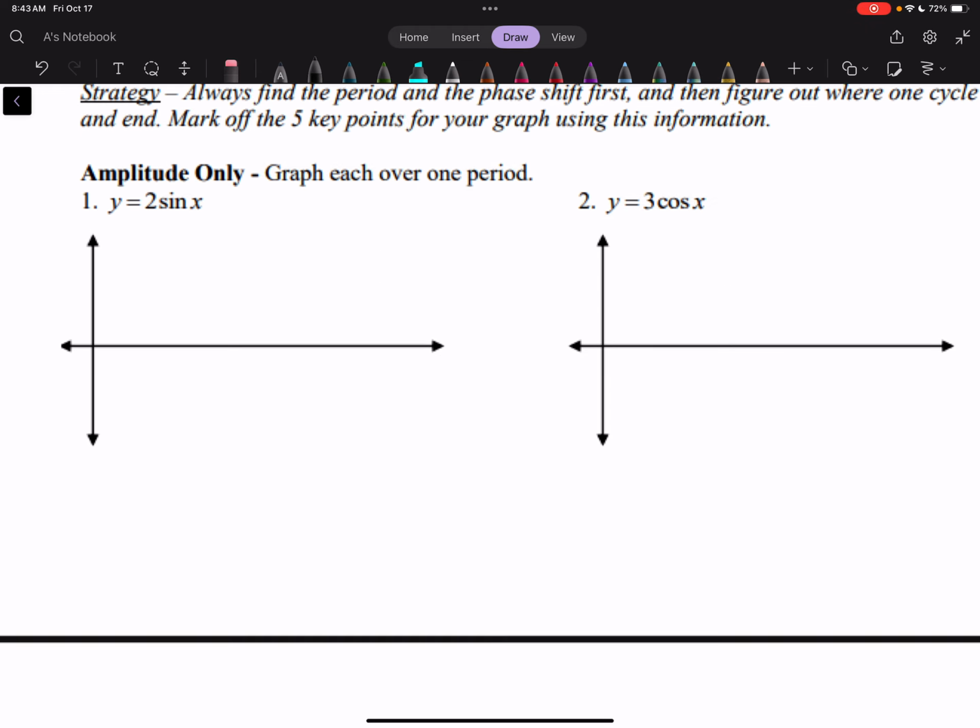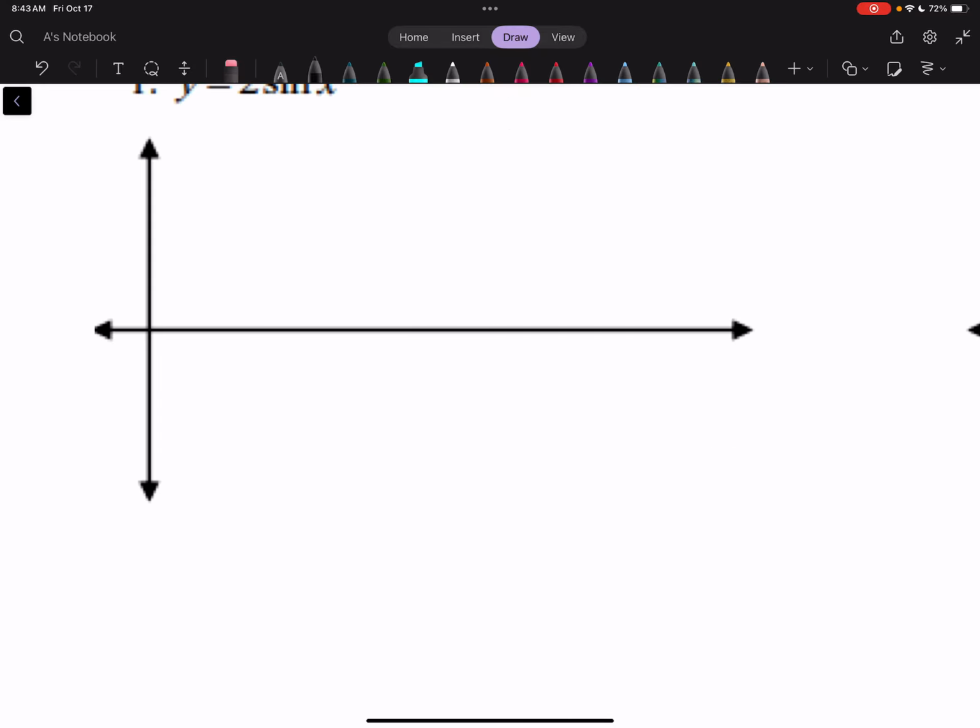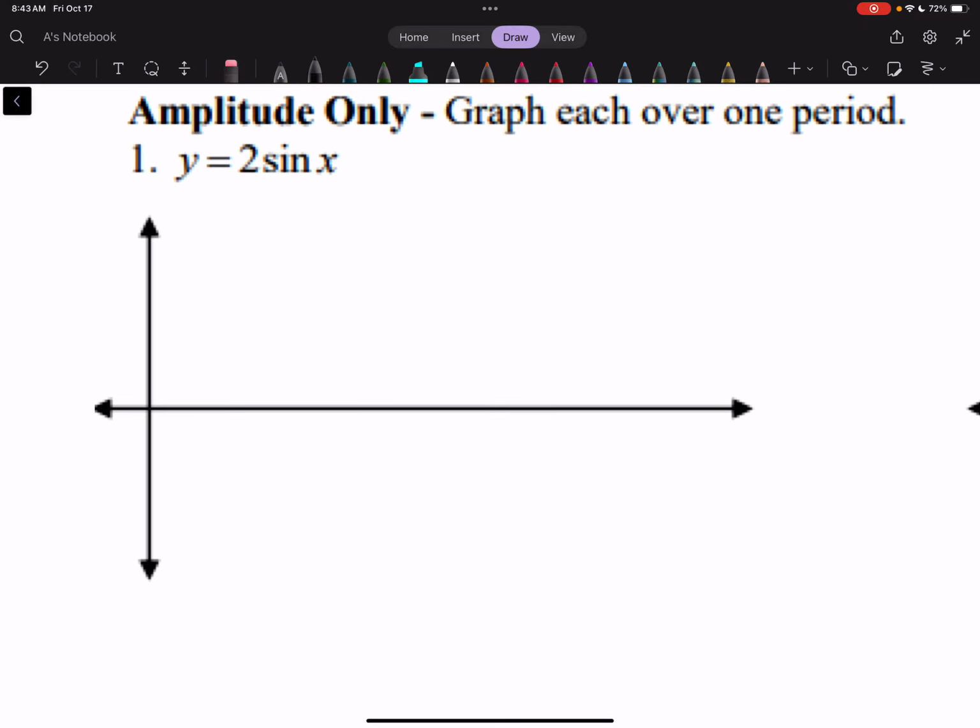Alright, I'm going to make graphs of half of the problems and let you try the other half. Let's do number 1 together. This is a sine function, so I'm starting at 0. I'm going to go up to 2 as a maximum and down to negative 2 as a minimum.